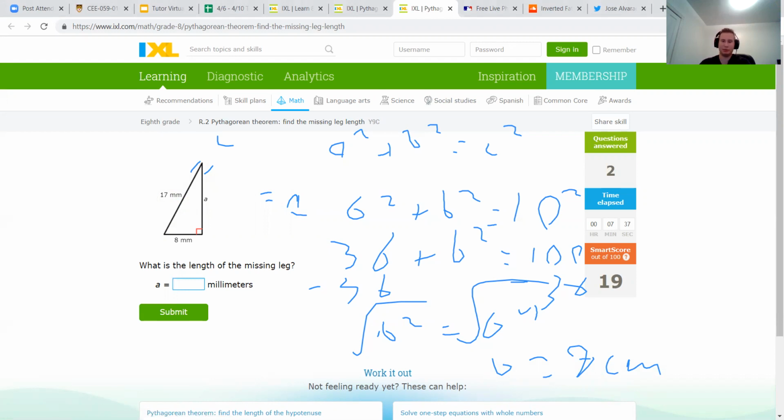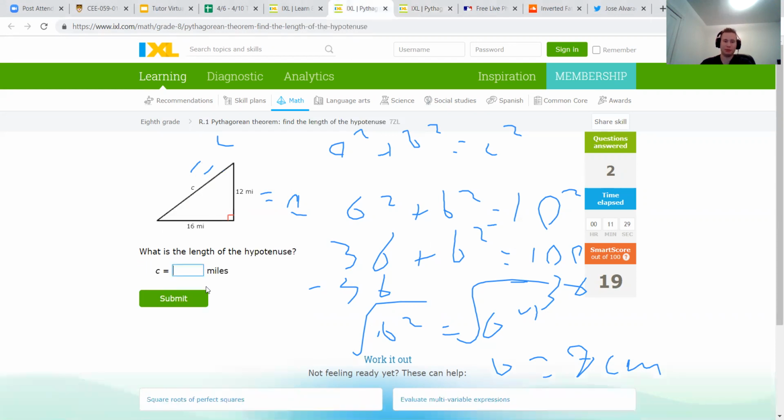It's the same process whenever you're given the hypotenuse and want to find one of the missing two legs, your A or B. In this case, they gave us B and we're trying to find A, but it's really the exact same process, except you plug in an actual number for B, and you subtract the B squared over on the hypotenuse side, so you get A squared by itself. When finding the hypotenuse, just plug in A squared and B squared, then solve for C squared by adding these two together and taking the square root of that result.